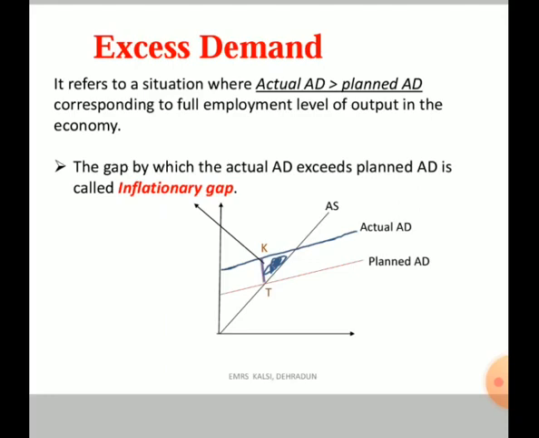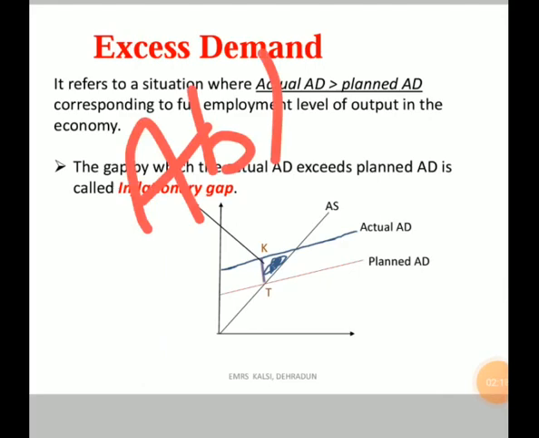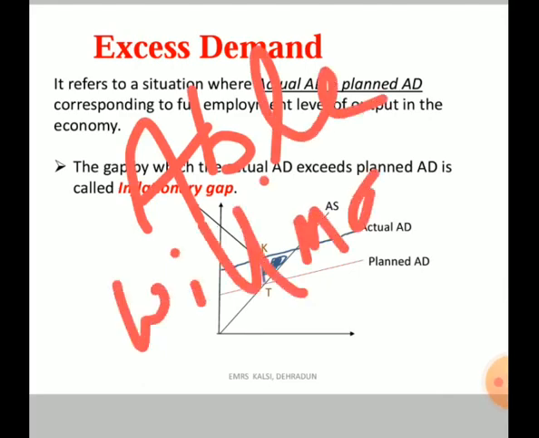So what does full employment mean? We should revise it. Full employment means that in an economy every person who is willing to work and able to work gets a job.